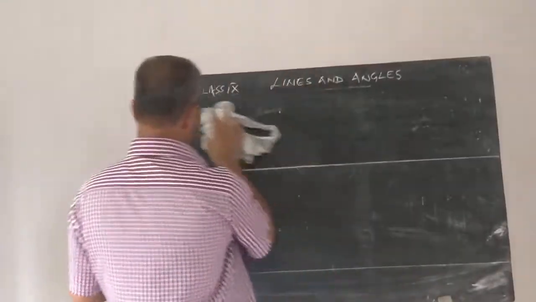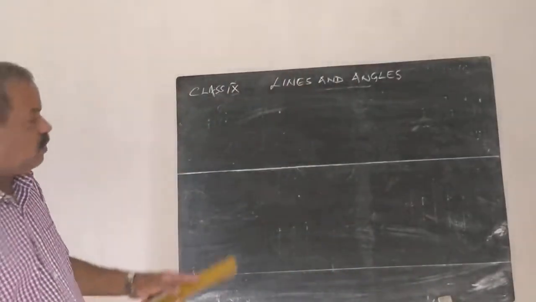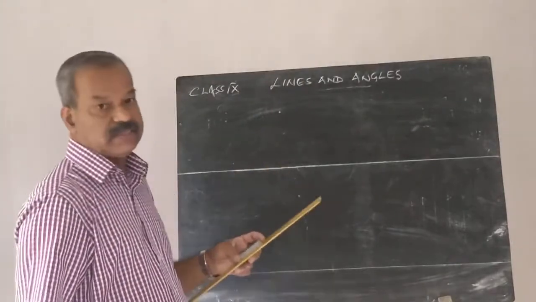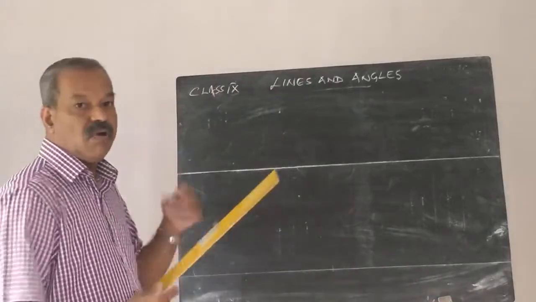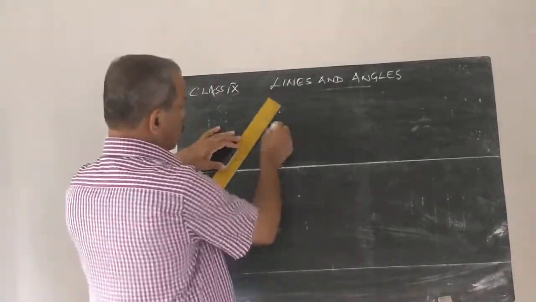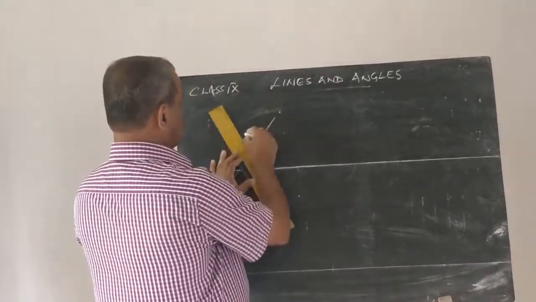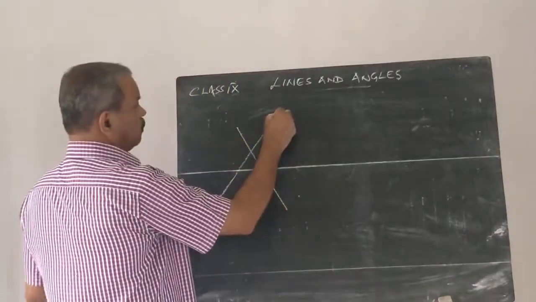Consider lines. Suppose we are given two lines. In how many ways can you arrange these two lines? One way, two lines in this way.